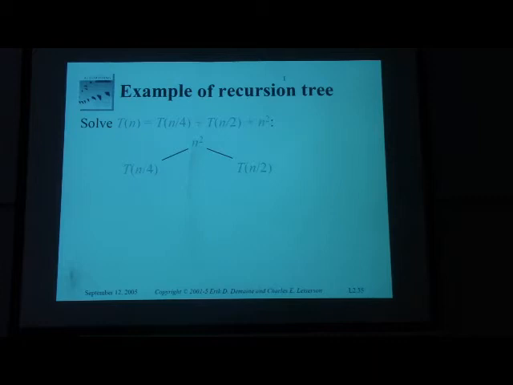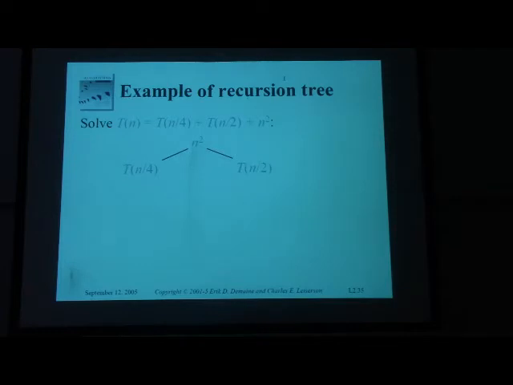When you square this, you get n squared over 16, and this is n squared over 4. Which is the bigger number? Right. Okay, controversy solved. So a little more work.